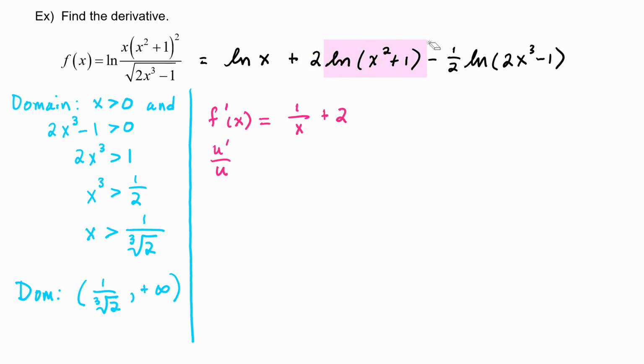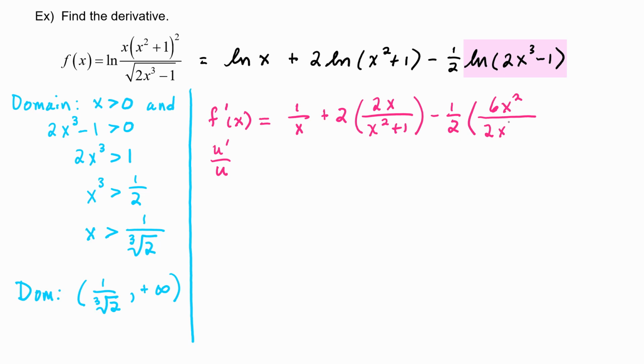Applying u prime over u to this log, we will get 2x over x squared plus 1. Bring down the minus sign and the constant of 1/2. And then applying u prime over u to this natural log, we would get 6x squared over 2x cubed minus 1.